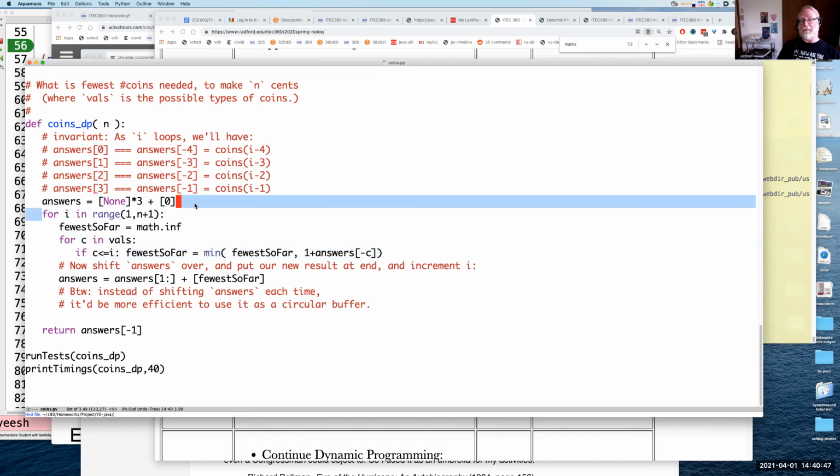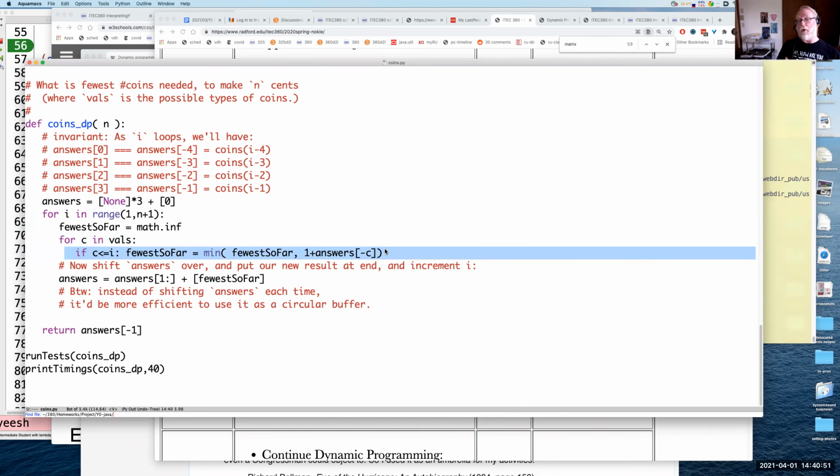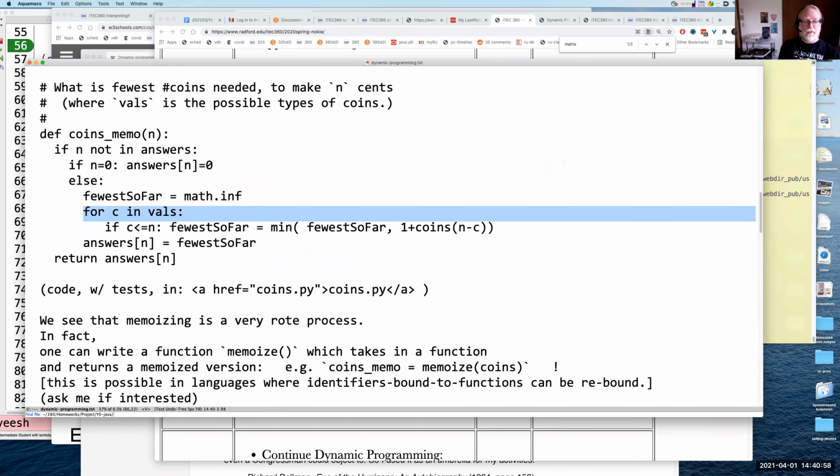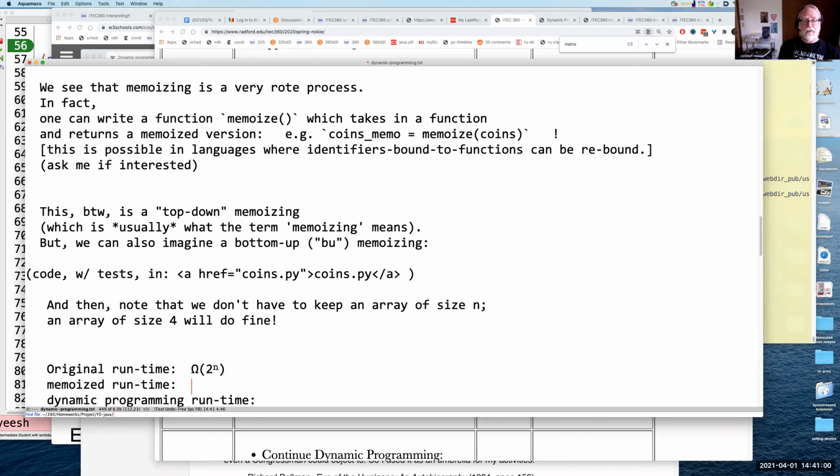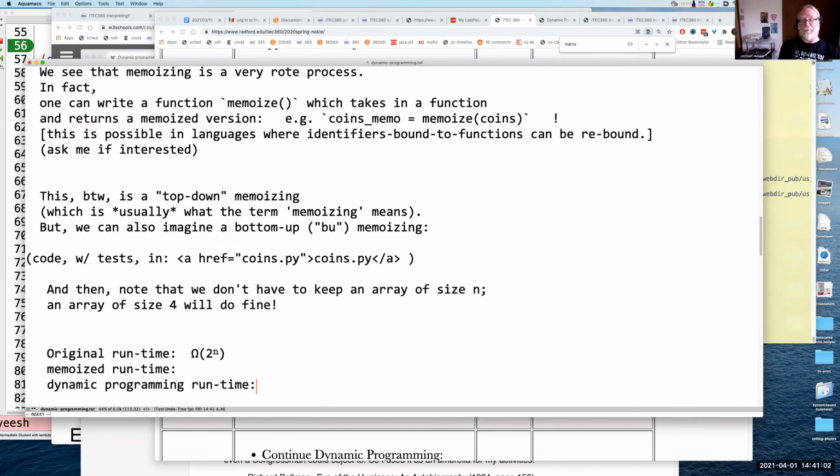I have an outer loop that I make n calls to, and an inner loop that is the number of coins that I have. So what is the running time? The dynamic programming running time is going to be big theta of n times v. n is the input, v is the number of coins.